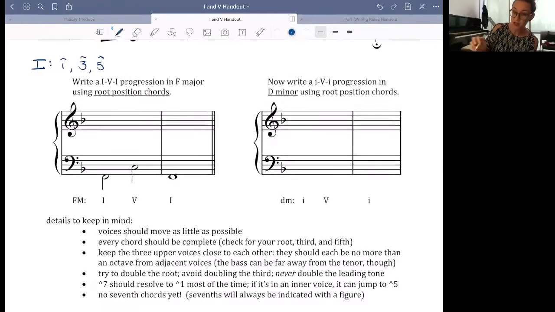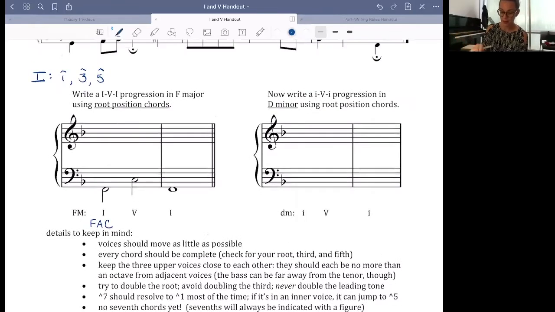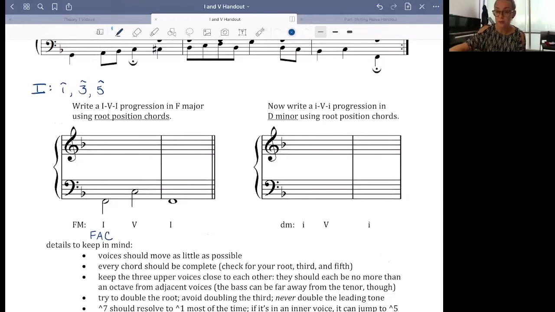So in F major, that means we are dealing with F, skip G, go to A, skip B flat, go to C. Now, since we are in root position, we want to double the root. That means we are going to have two Fs in this chord. We already have one in the bass. We need another one. I'm going to go ahead and put it in the soprano.